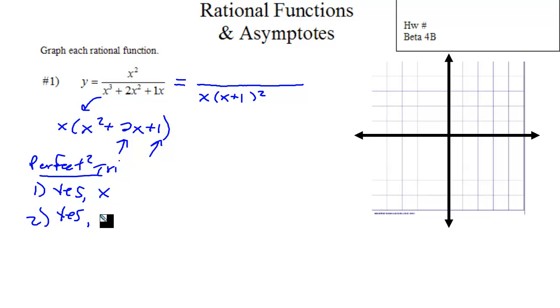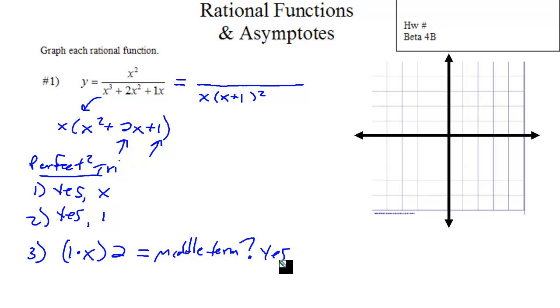Write down its square root, 1. Third question. If I take the two answers I got from questions 1 and 2, multiply them together, and then double it, does that give me the middle term? And the sign doesn't matter. If the answer is yes, then it's a perfect square trinomial.